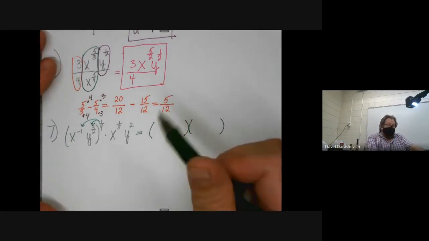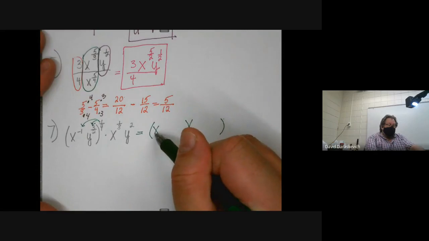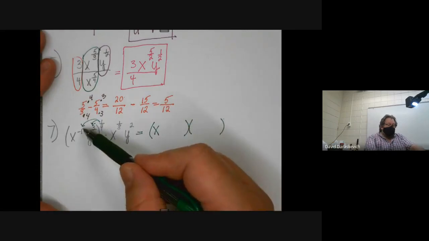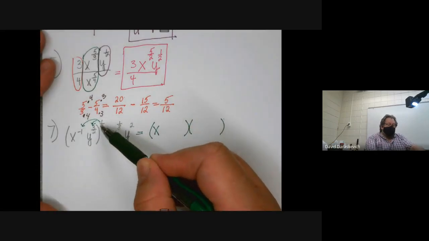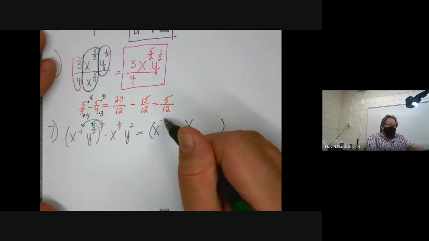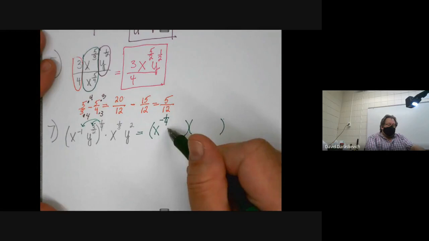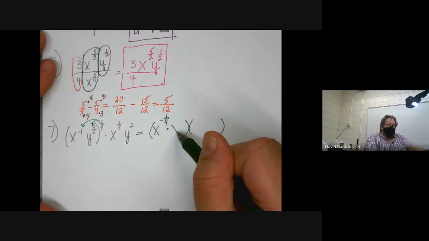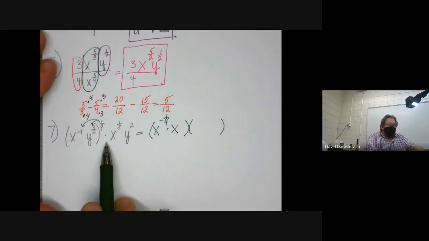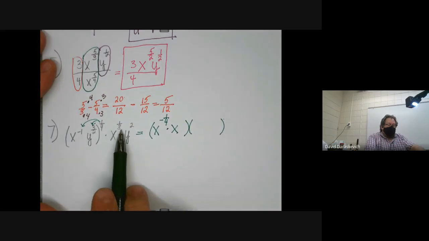So here's my first x. x to the -1 times 1/4 is x to the -1/4. My second x is out here, x to the 1/3.